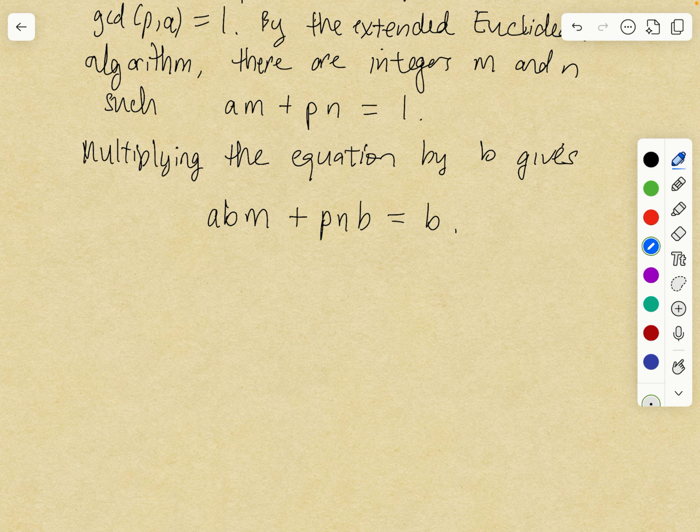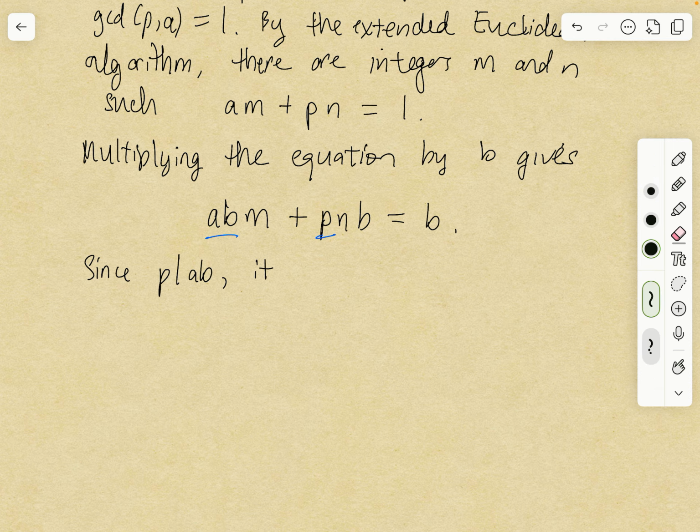We have this sum abm plus pnb. This first term has an ab in there, and this second term has a p in there. By hypothesis, we supposed that p divides ab. So since p divides ab, it must divide abm, obviously.